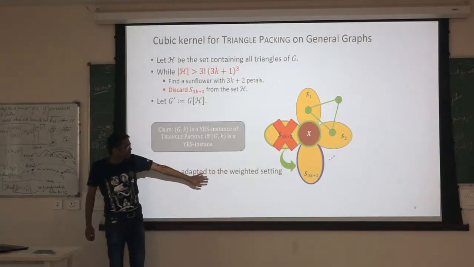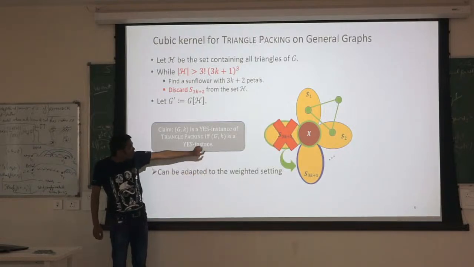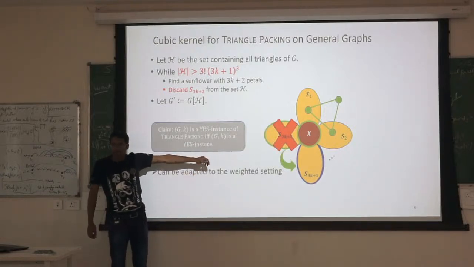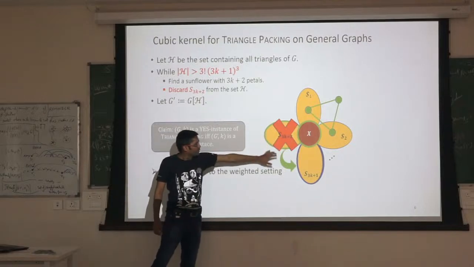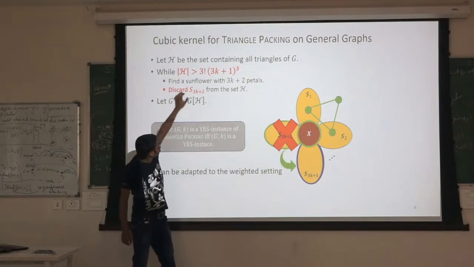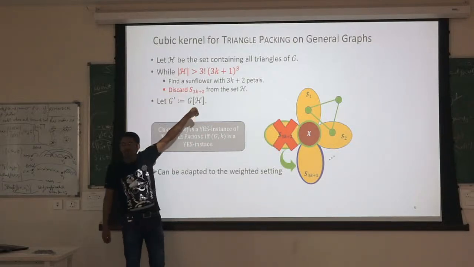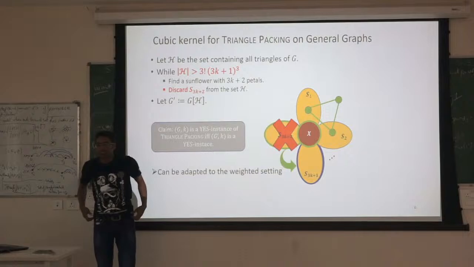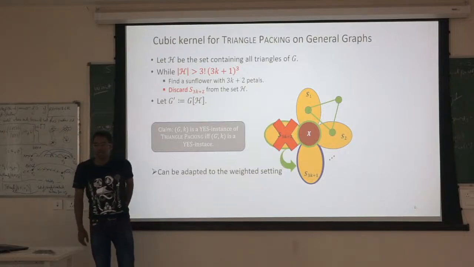I will formally define what a weighted problem is later. But the crucial observation is that this replacement should work so that you can find a solution which is at least as good as what you had earlier.